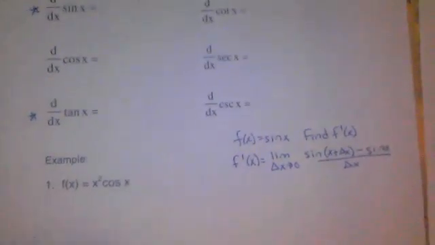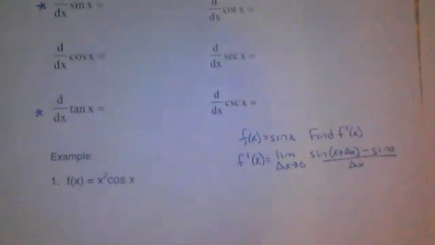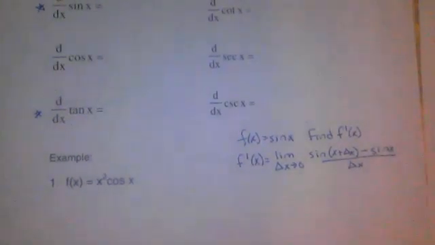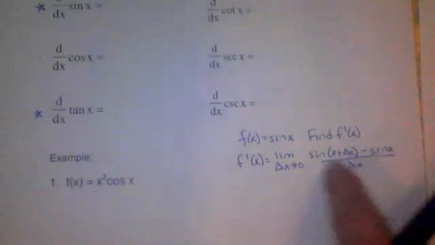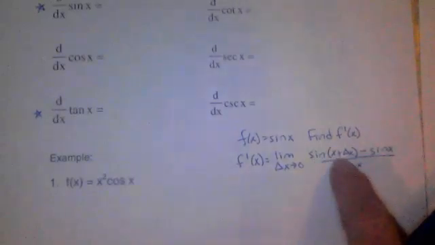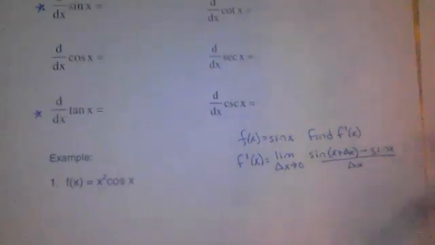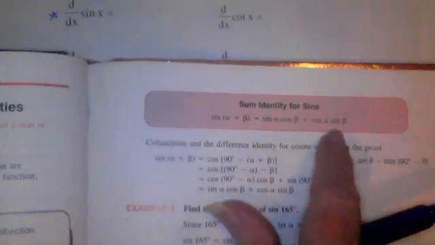Now that may look like it's kind of already to a point where we can't do anything, but remember last year we did do some sum of sine and cosine. So I put them up on the board. Here it is in this book, the sine of alpha plus beta. It's sine alpha cosine beta plus cosine alpha sine beta.